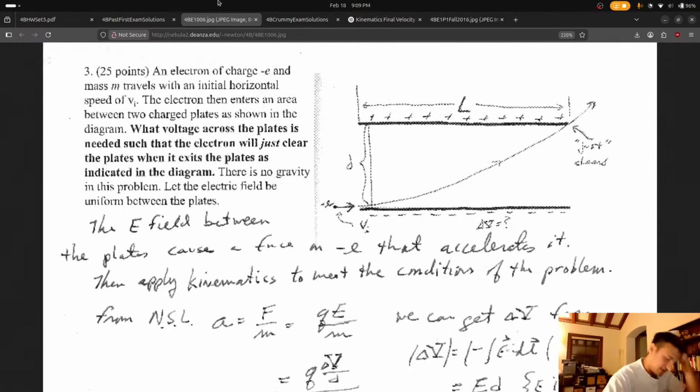The work it takes. Okay, so what can we do? We can find the work it takes. So this is going to be equal to D.